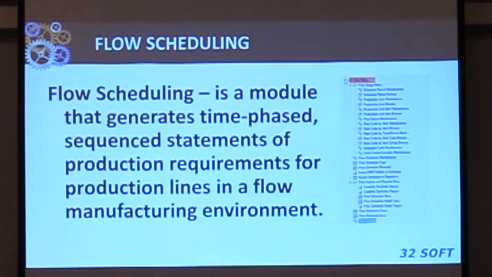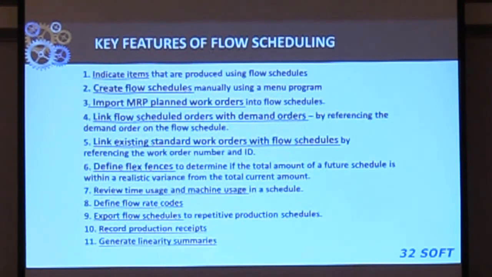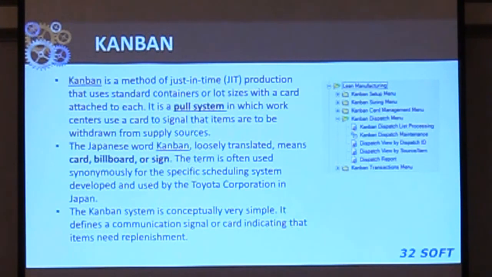There's also flow scheduling. Flow scheduling is a module that generates time, phase, sequence, statements of production requirements for production lines in a flow manufacturing environment. It does that, believe it or not. Then there's Kanban. Somebody use Kanban? I know Hood has used Kanban.